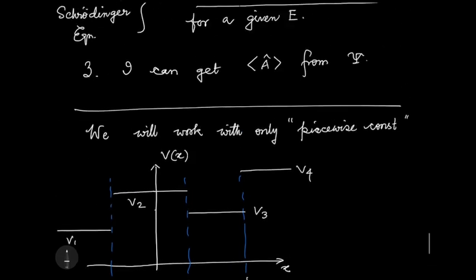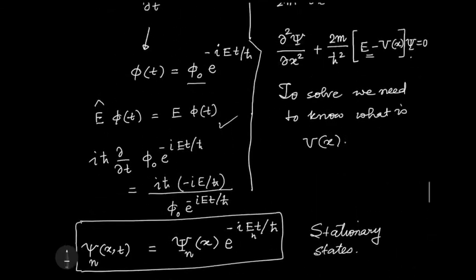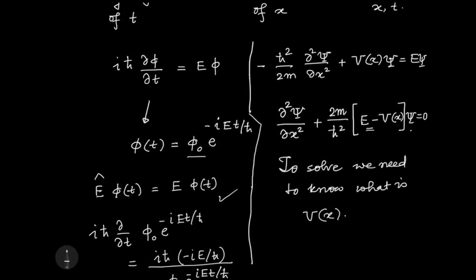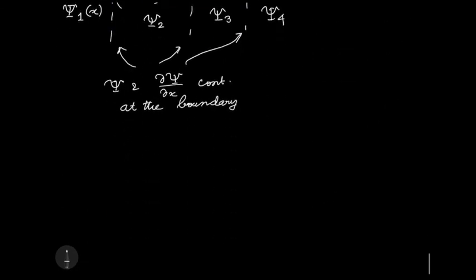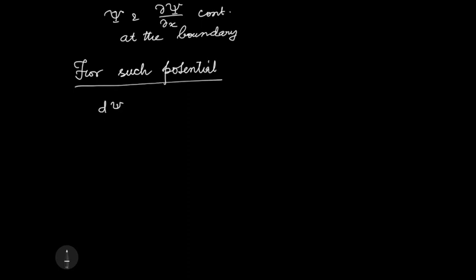Now there is a simplification that happens to this equation, or the way we wrote it down before. Here we wrote down the equation with 2m by h cross square, E minus V. Let me write it down again here for such a potential. And psi is a function of x only, so I can just write d also.